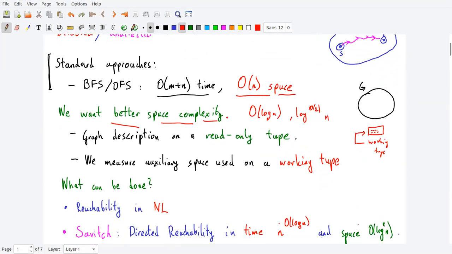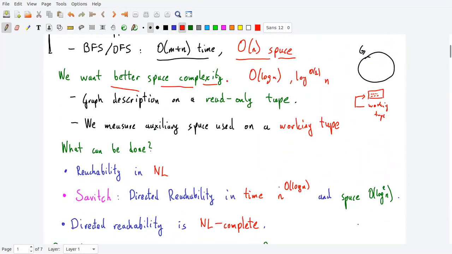So what can be done if we are given only a limited amount of auxiliary space in which we can solve the problem? First of all, if you allow non-determinism in your algorithm, so if the algorithm can guess some things, and this guessing is only required to show a witness of reachability from S to T, then you can easily see that reachability is in non-deterministic log space.